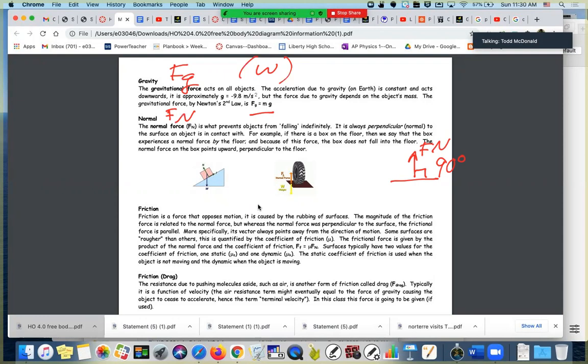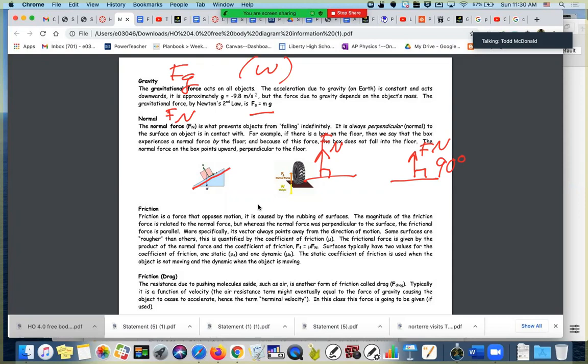But if you look at the example here, the normal force from the tire pushing upward, the ground pushing upward on that tire, is what we call a normal force. But if you notice here on this ramp, since it's a slanted surface, the normal force is actually at a 90-degree angle to that surface.